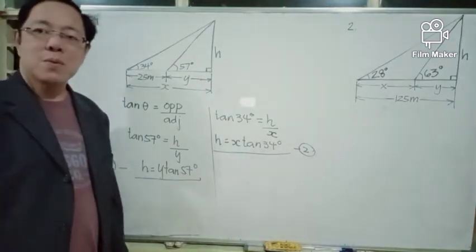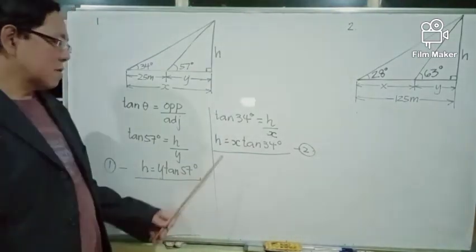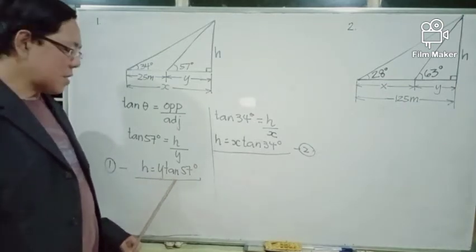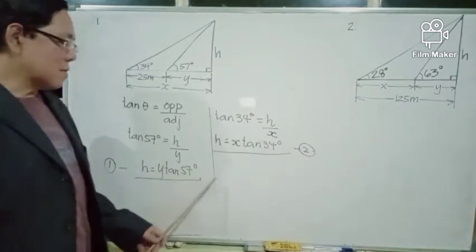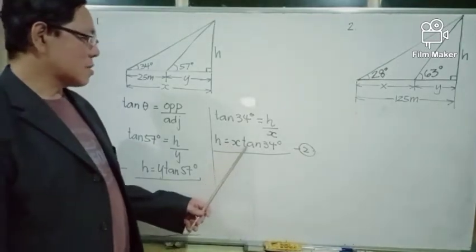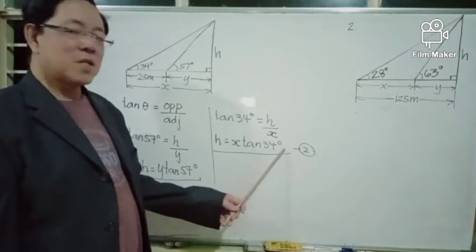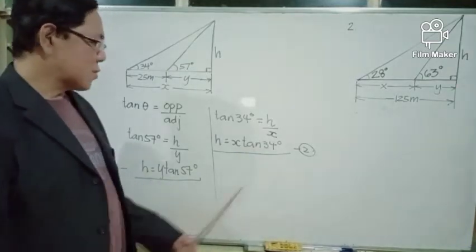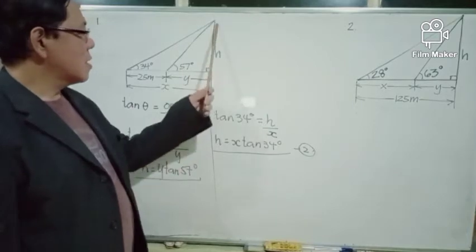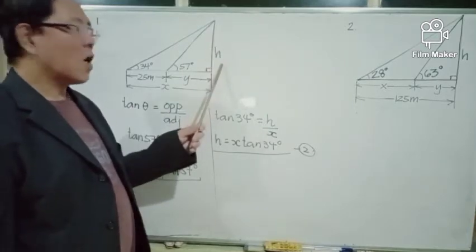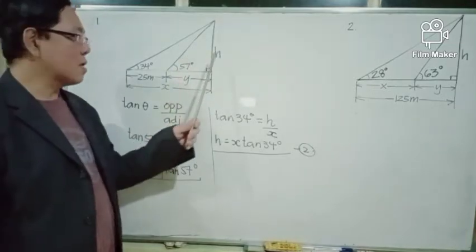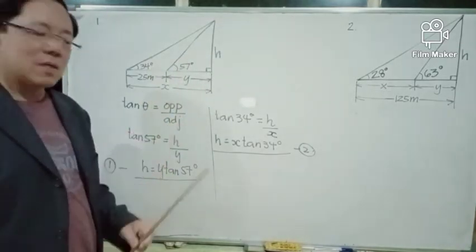Now we have two values of h. From equation 1, h is equal to y times tangent of 57 degrees. From equation 2, h equals x times tangent of 34 degrees. But in these two equations, we speak of only one h, the side of the right triangle opposite 57 degrees and also opposite 34 degrees.